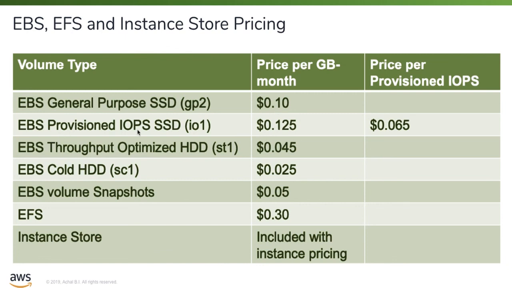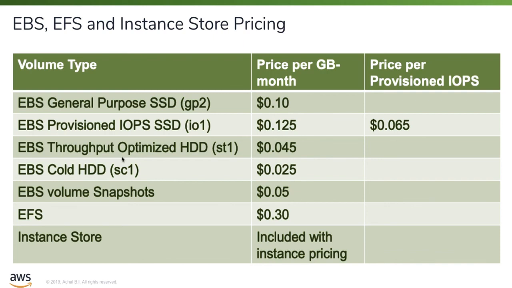Provisioned IOPS are priced at 12.5 cents per month per GB, and they are calculated with provisioned IOPS as well. This is the price per GB, and this is the price per provisioned IOPS. So provisioned IOPS costs include both storage cost as well as input output cost.